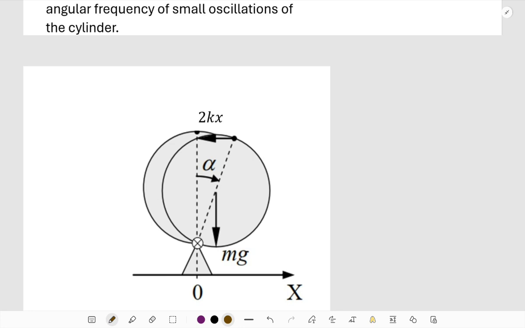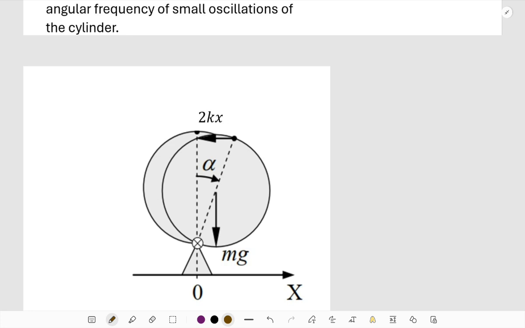And we have neglected the friction forces, and we also considered that the springs are massless and their deformations are quite small.